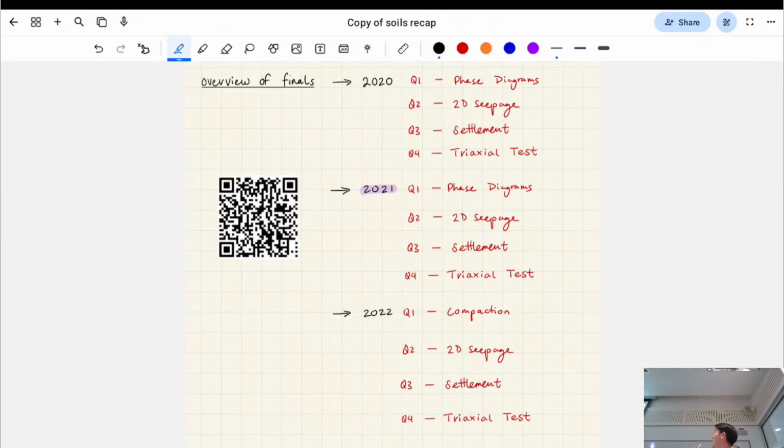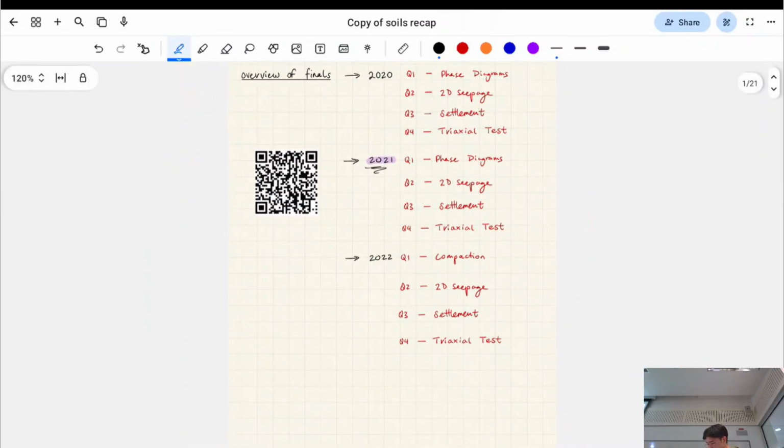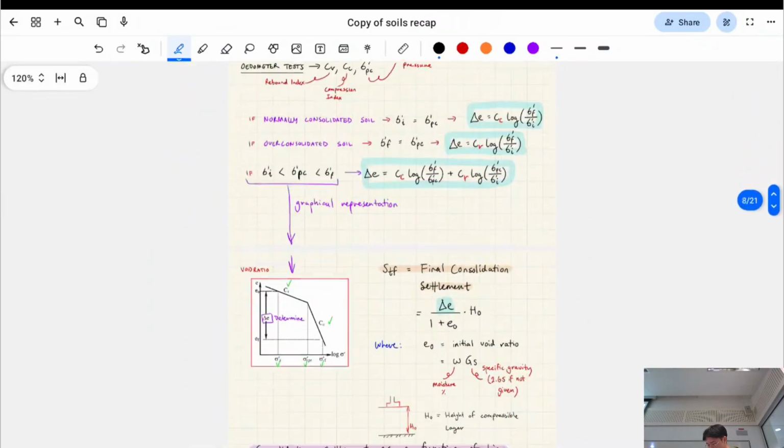I don't have solutions for all of them. I've only got solutions, which is what's in this Soils Recap, for 2021. They're not official solutions, but they're my friend Clarissa's solutions, and she has a 95 WAM, and they're basically 100% correct. But for the other ones, you can see what the questions look like, but I don't have solutions for them.